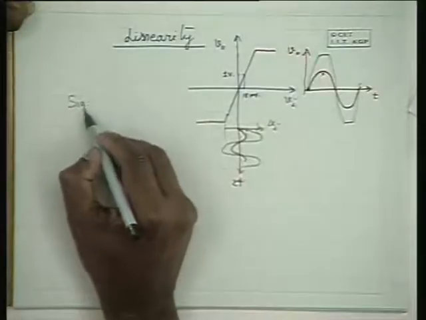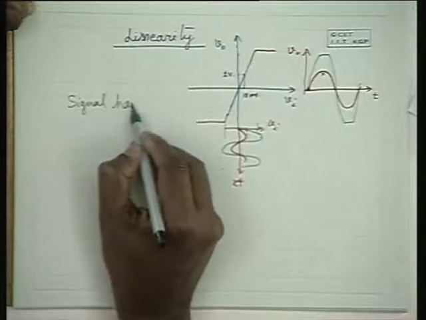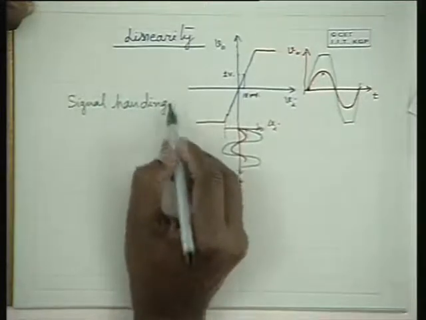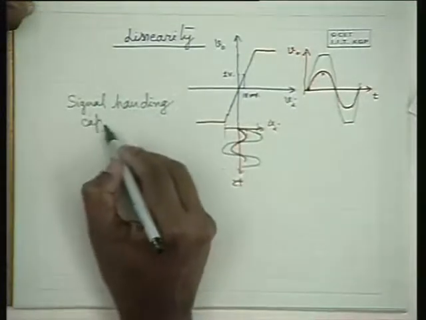And then can such amplifiers accept signal of any voltage? So the input capacity is fixed. Therefore, there is something known as signal handling capacity. The signal handling capacity of an amplifier is fixed.